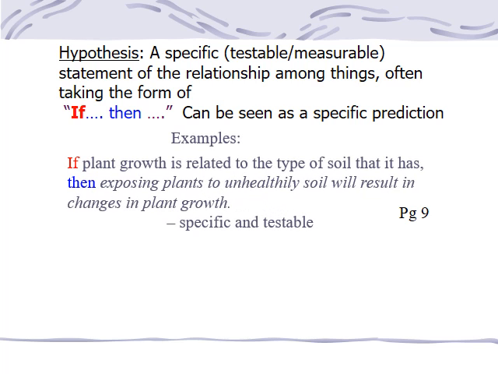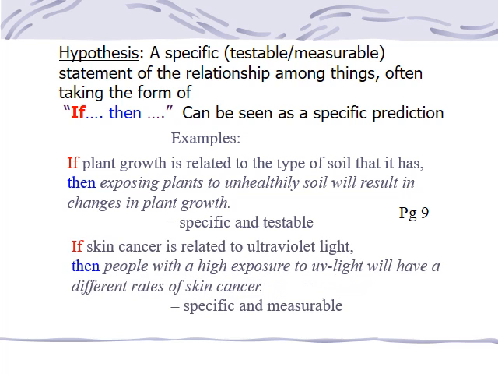So, for example, if plant growth is related to the type of soil that it has, then exposing plants to unhealthy soil will result in changes to plant growth. It's very specific and it's testable. It's very predictable in how we expect the outcome to work.